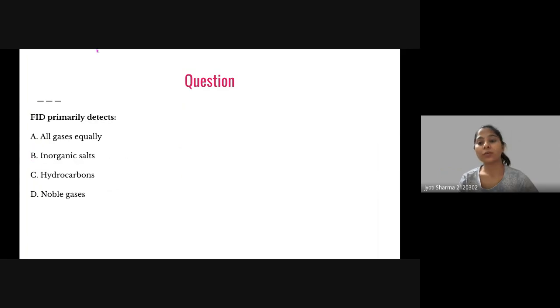Okay, as I told you, we are going to talk about some detectors, and the first one is FID. So what does FID primarily detect? All gases equally, inorganic salts, hydrocarbons, or noble gases.